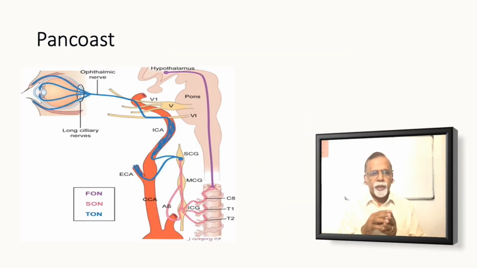So in any respiratory system patient, while examining the hand, look for small muscle wasting, and look for Horner syndrome. This picture shows the sympathetics. Those interested can look into the video on Horner syndrome for more details to identify which order neurons are involved in various types of Horner syndrome.